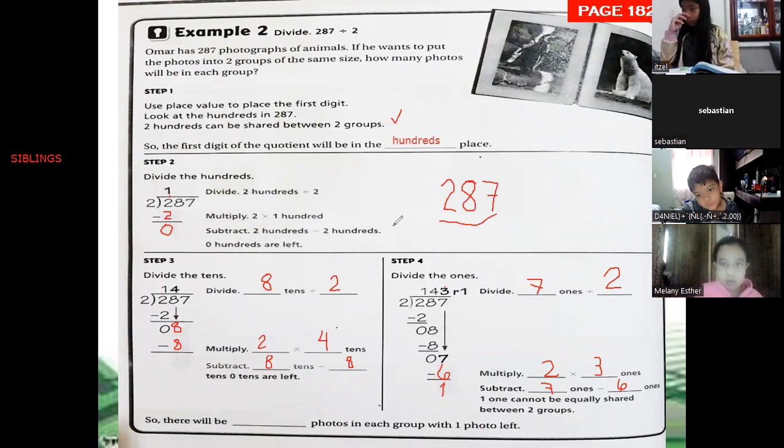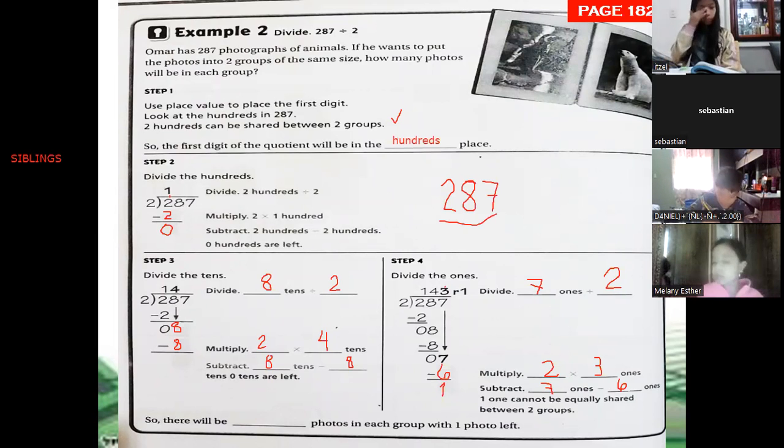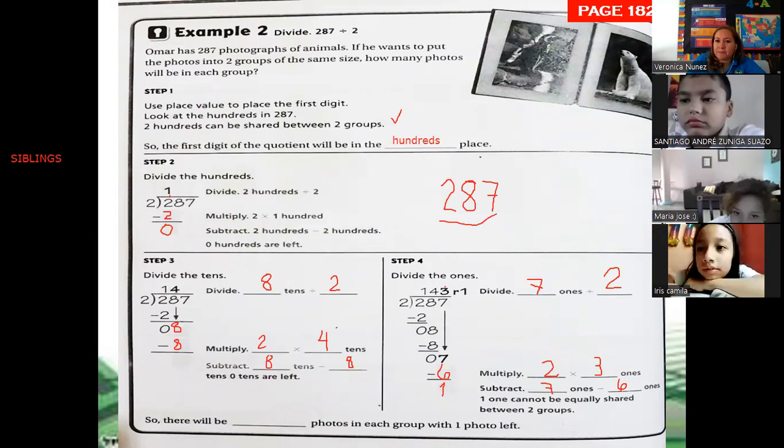How many? We already got the answer in the division. There are 287 photos. But the answer is in the division.